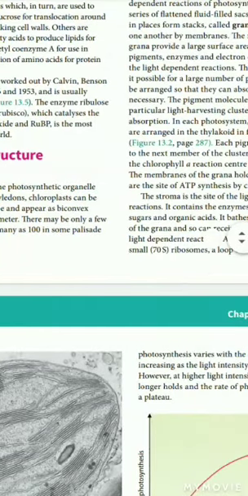Sometimes the chloroplast is present not only in leaf cells, but it is also present in a stem which is green in color. So the structure of chloroplast is shown just now.